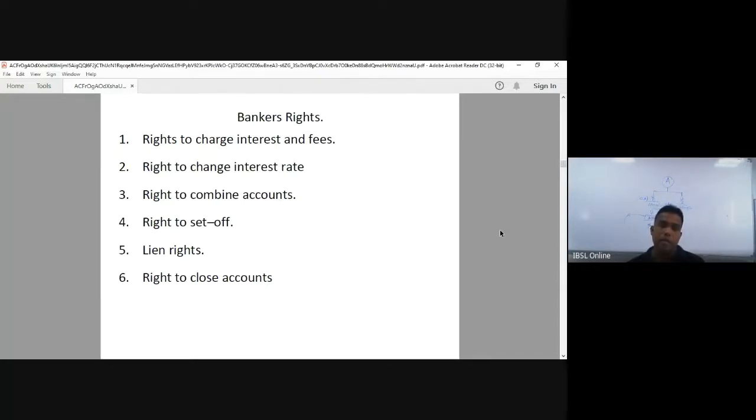Your intention in combining is good. You want to help the customer. The benefit goes to the customer. But we never know whether the customer wants you to return the check or wants you to dishonor the check. So then the customer can find fault with the bank.